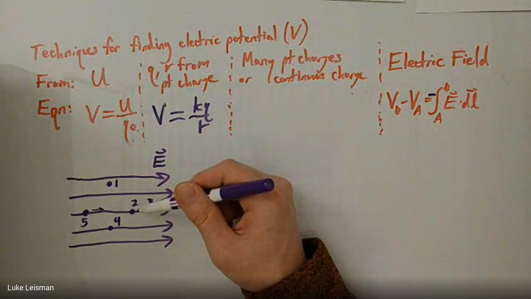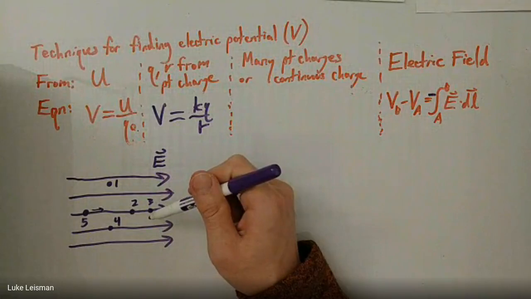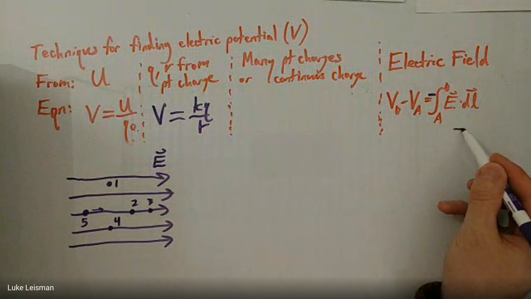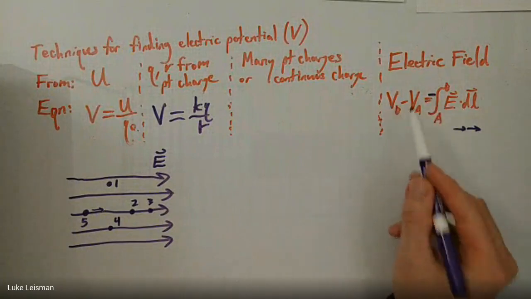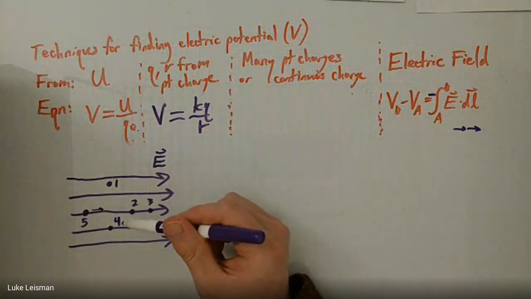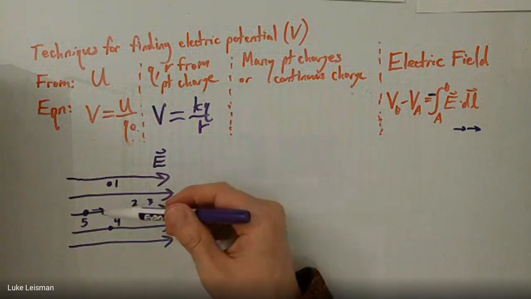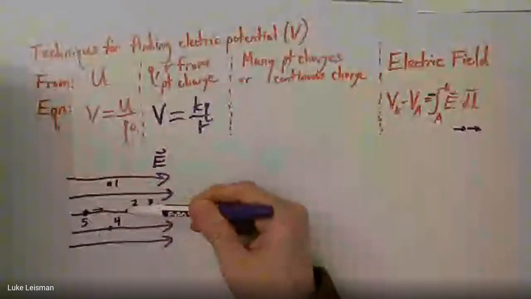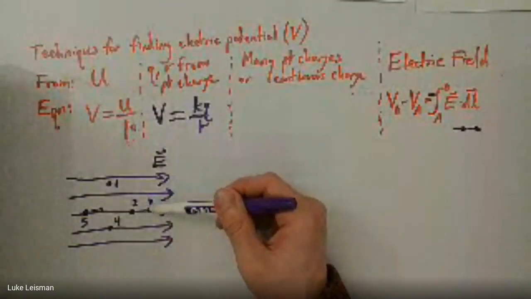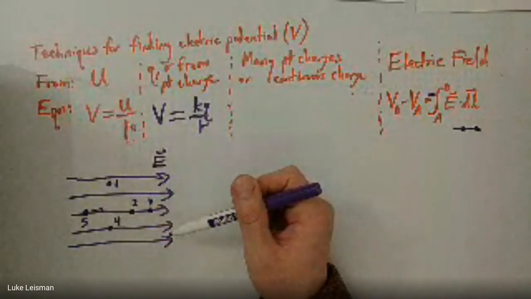So what that would suggest is that I would lose potential as I go along the electric field, right? That's what we get with this formula. If E dot dl is positive, if they're going the same way, then I'm going to lose potential. So what that says is that 5 must be at the highest potential. Or thinking about it the other way, you could think about walking along this electric field line here. It's sort of like walking downhill, right? You're losing potential as you go downhill, just like you might lose gravitational potential energy going downhill.